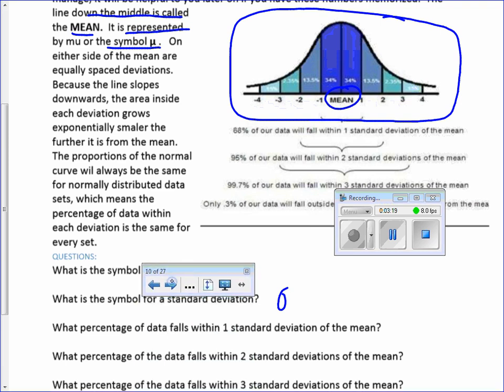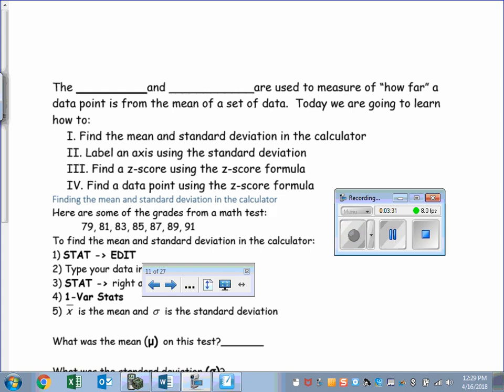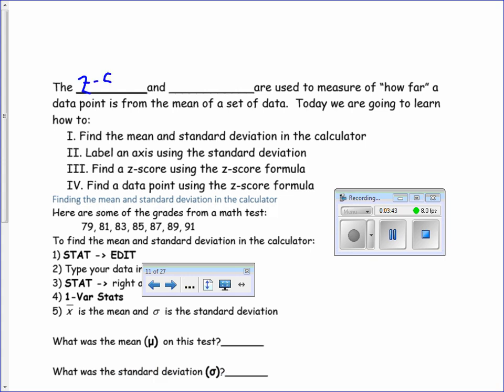All right, so we're going to move on to the actual notes for this class. Okay, so for this lesson actually, 2 big words here we're going to be using. The z-score and the standard deviation. I'll write that a little bit neater.